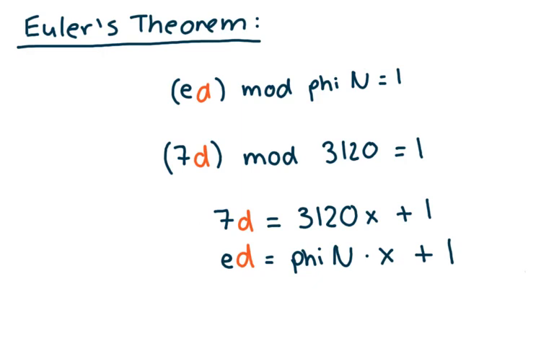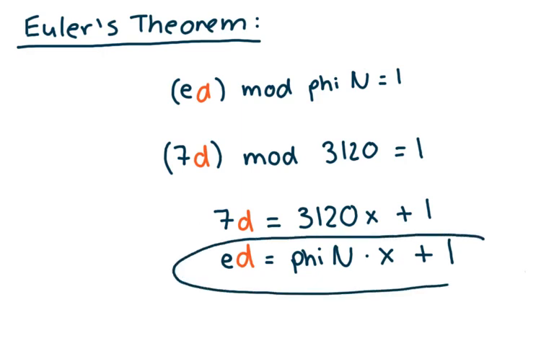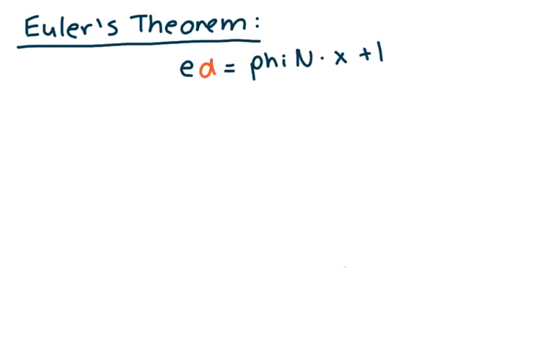And this is essentially saying that E times D is some multiple of phi n plus 1. So that bit of information is pretty important, so keep that in mind while I'm explaining Euler's theorem.